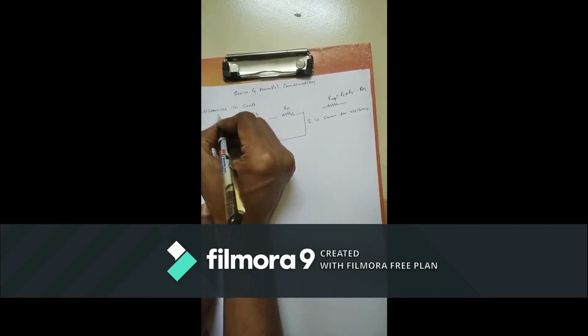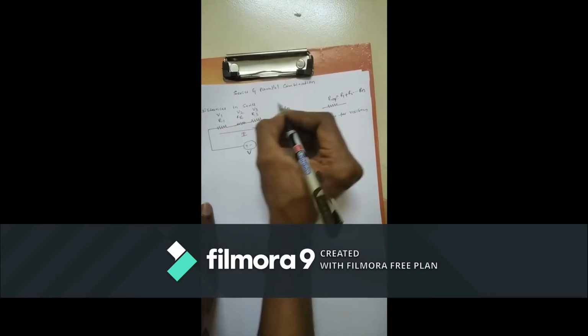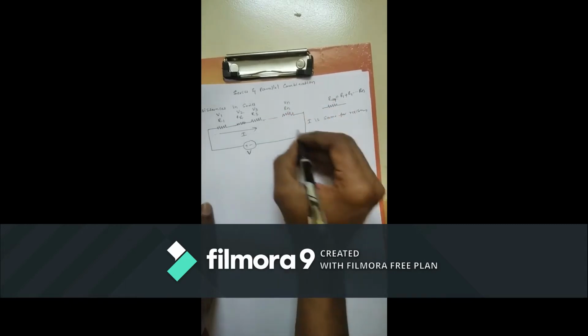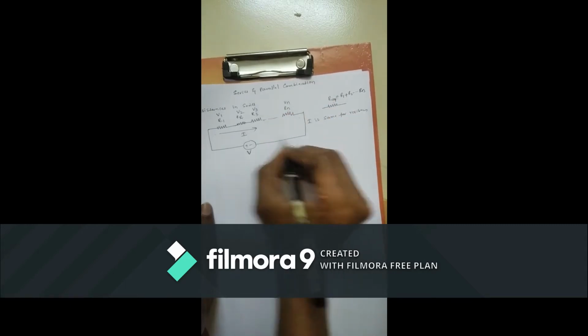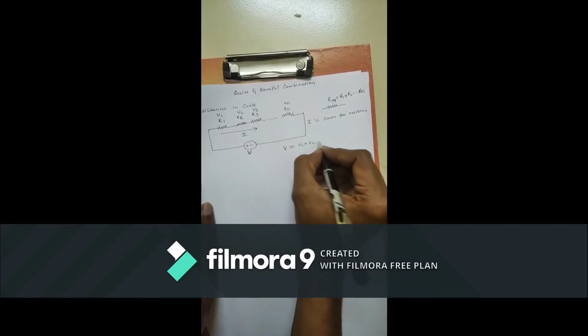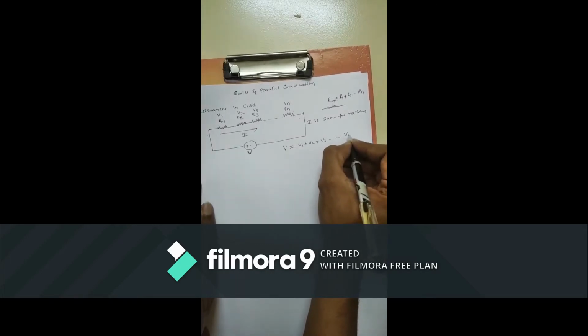Suppose the voltage across R1 is V1, across R2 is V2, across R3 is V3, and similarly across Rn is Vn. Then the applied voltage V is the sum of these voltage drops: V1, V2, V3 up to Vn.